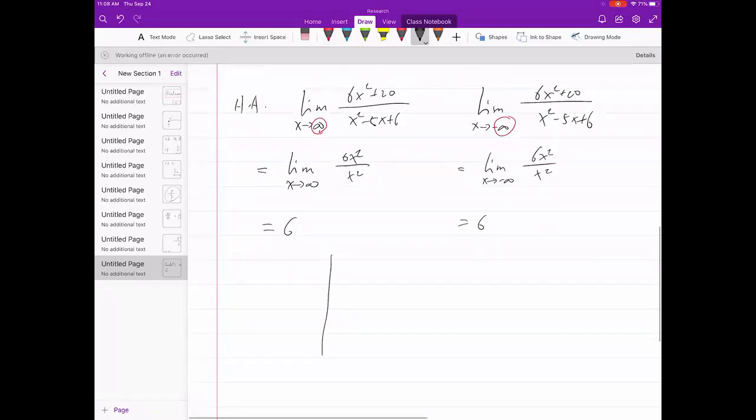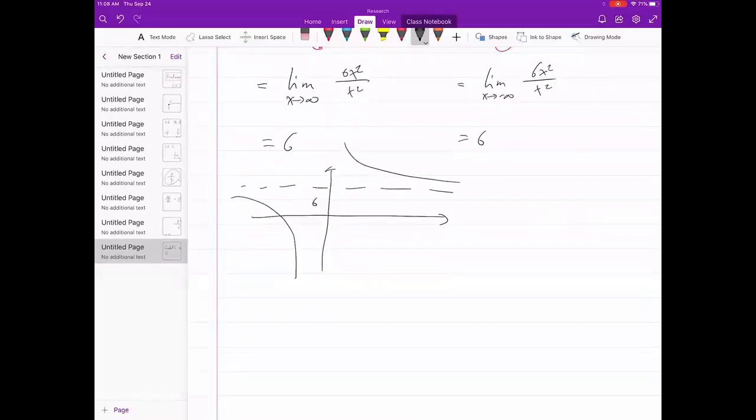So that gives us horizontal asymptote y equals 6. So x equals 2 and 3, y equals 6. That's 21. Are we good?